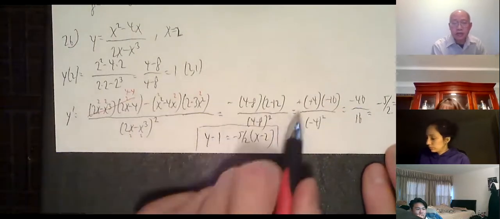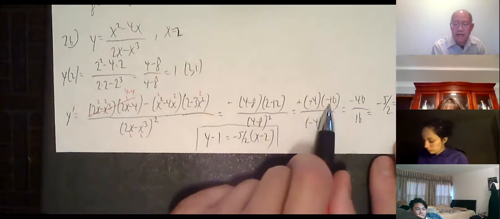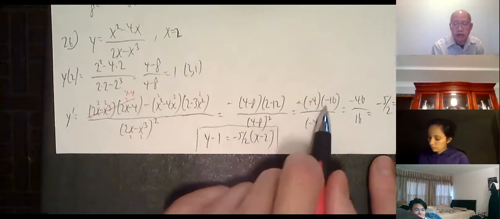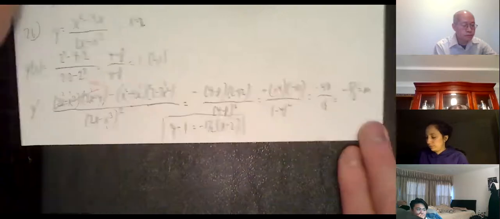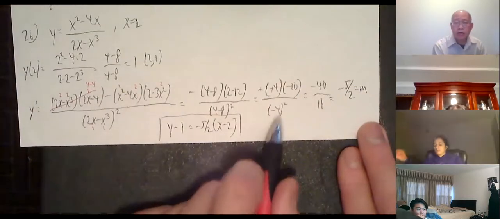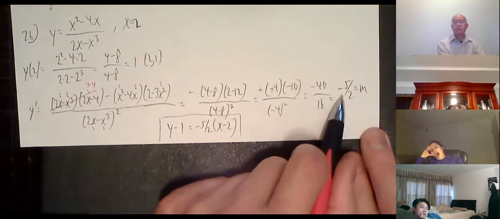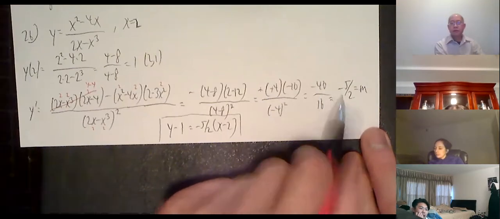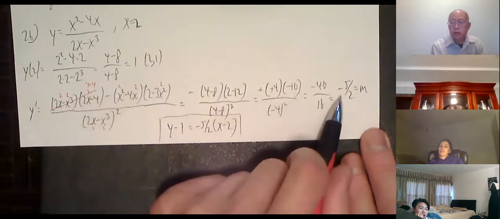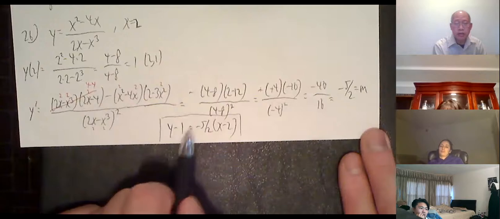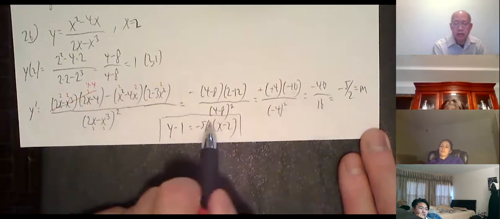So there's a negative times negative 4 times negative 10. So negative, negative, negative. I can change these two negatives to positive, but I still have a negative 10. So 4 times negative 10 is negative 40. The bottom, negative 4 squared, 16. This reduces to negative 5 halves. Point, slope, point slope form: y minus y1 equals m, negative 5 halves, times x minus 2. And there we go.